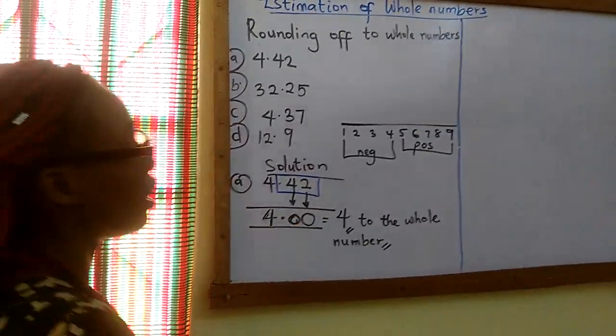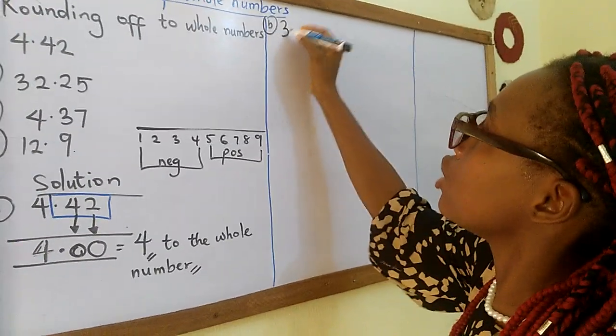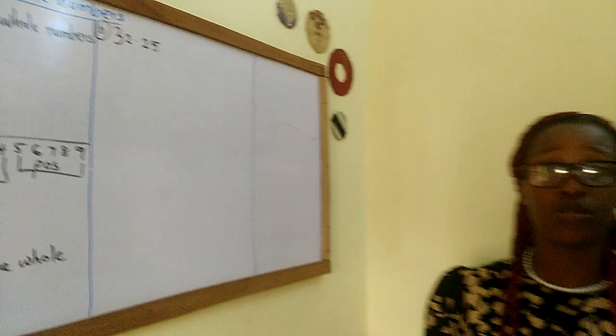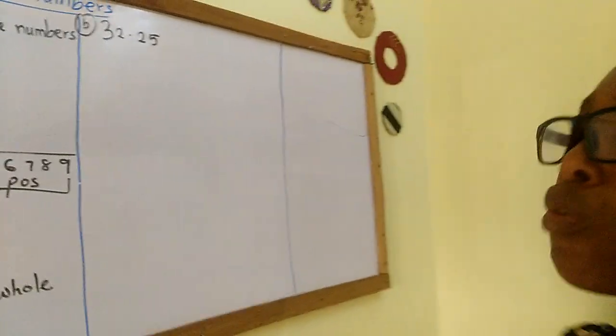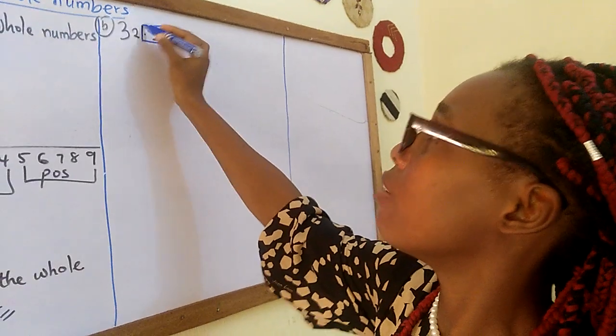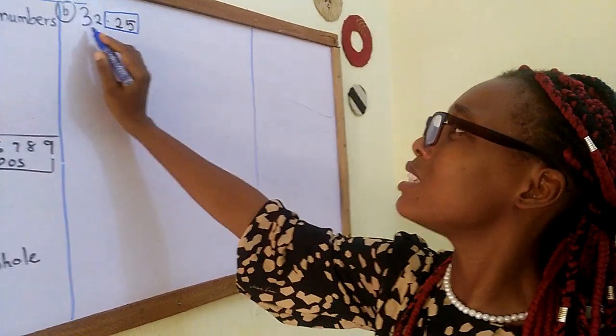Now for question 2, we have 32.25. We have to change this 32.25 to a whole number. Remember, for whole numbers, we don't need the numbers after the point on the right-hand side. We just need these two numbers.